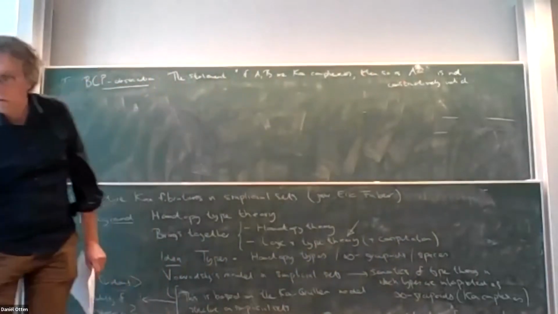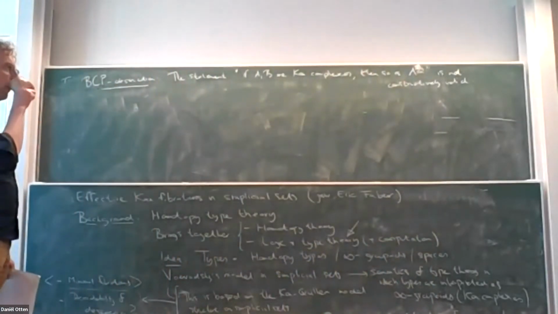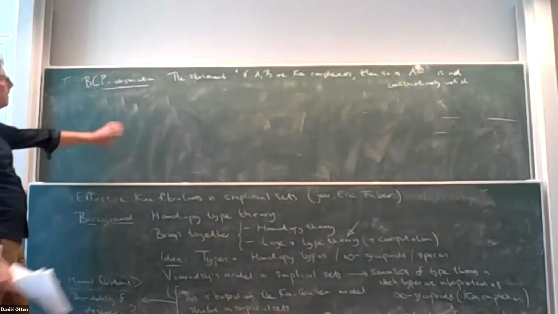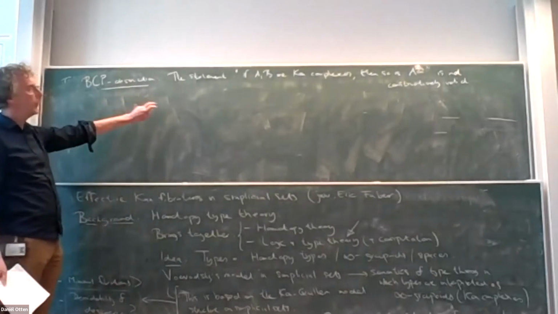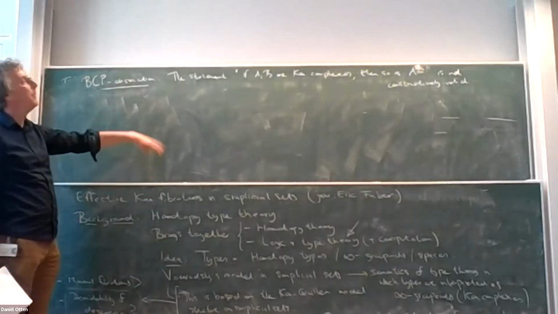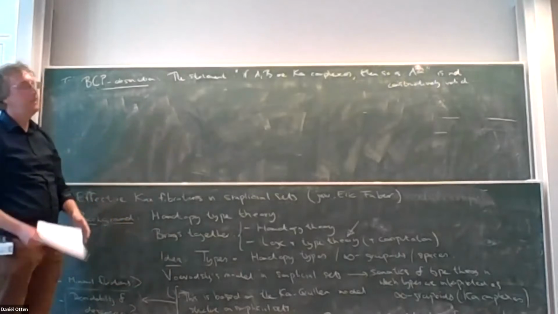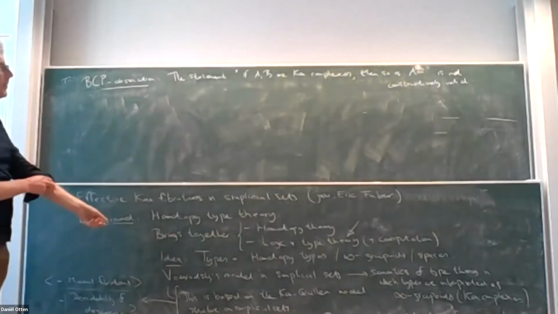So that result fails. From a type theorist's view, this is really bad because we definitely want our model of type theory to have something like function spaces.